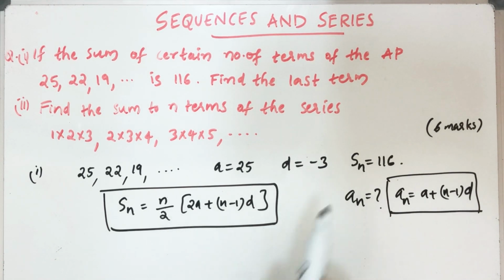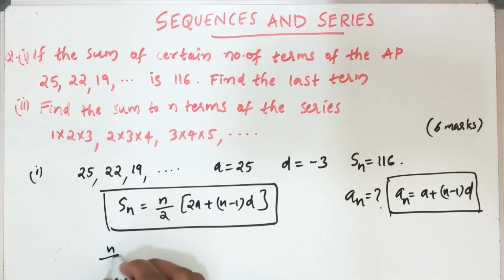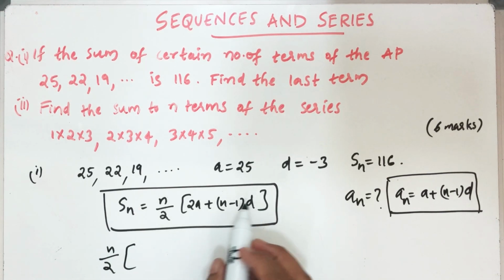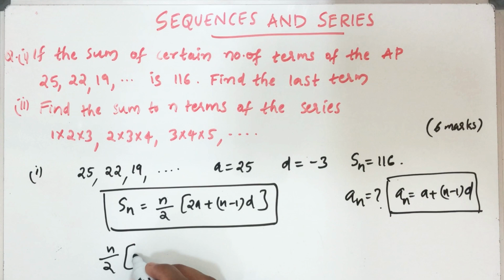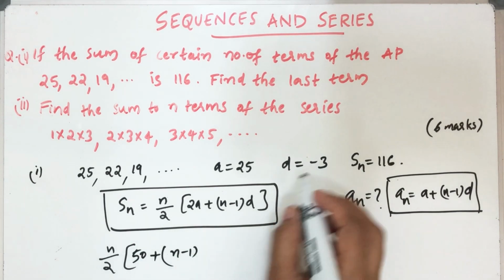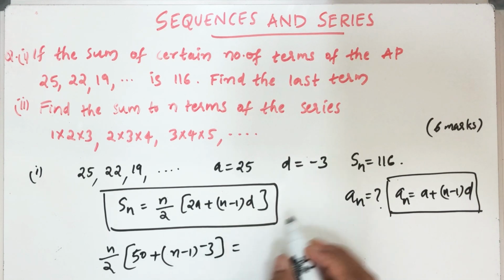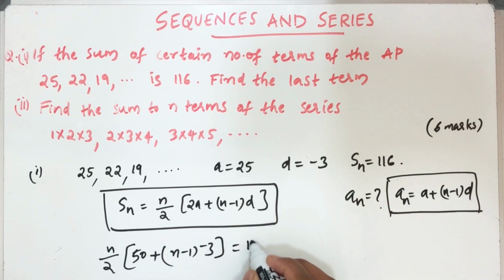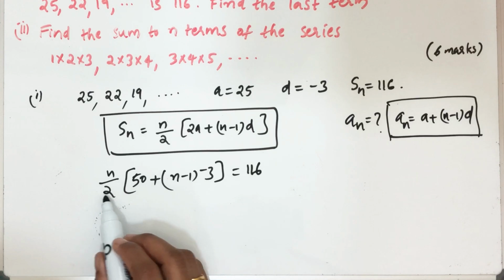Here substitute for Sn: n by 2 into 2a plus n minus 1 into d. Instead of a, 25. That is 2 into a is 50 plus n minus 1 into d, d is minus 3, is equal to Sn, given 116. Take this 2 to this side.